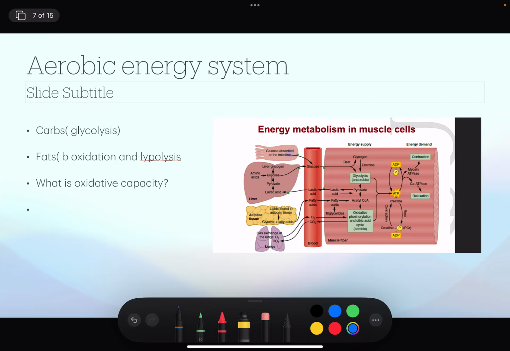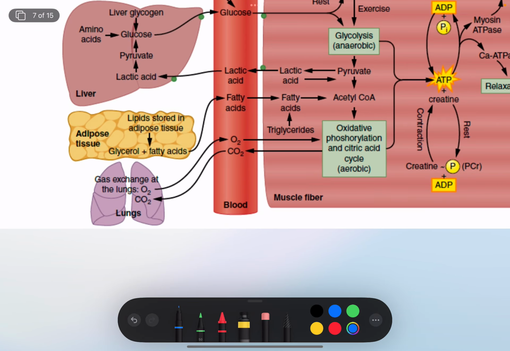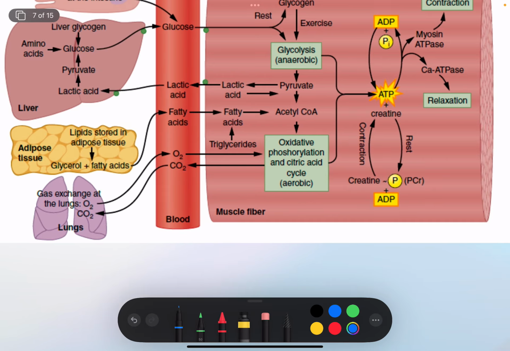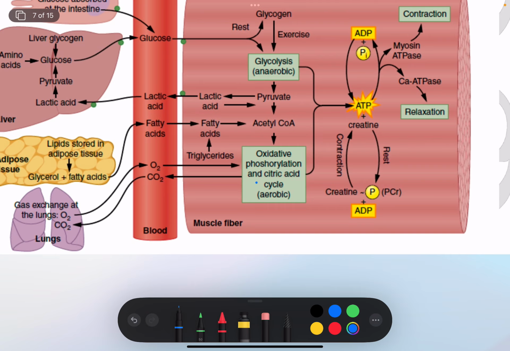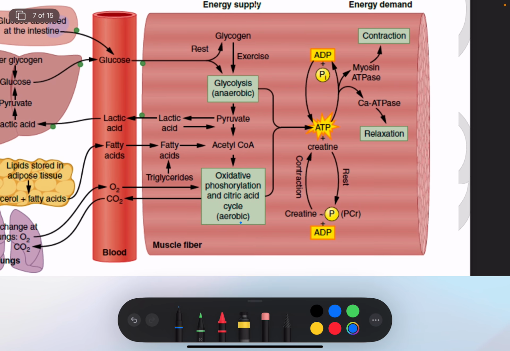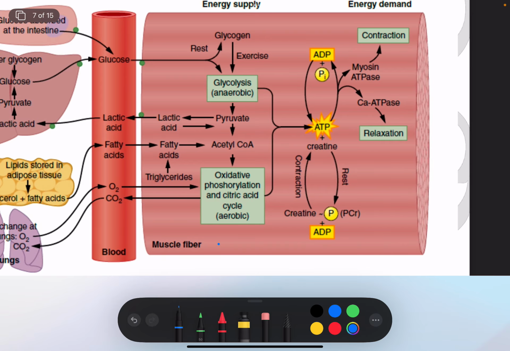Yeah, the aerobic energy system. So we have this gas exchange of oxygen and carbon dioxide, which will then go to oxidative phosphorylation and the citric acid cycle, and from there produce ATP during the ETC, of course.